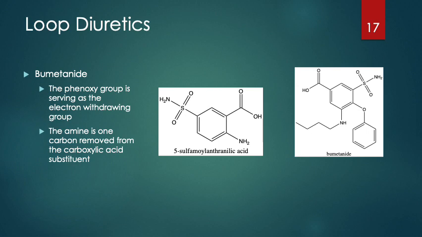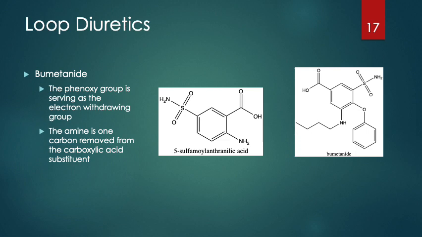Now, the second loop diuretic that I would like to mention here is bumetanide. Bumetanide is unique with the presence of the electron withdrawing phenoxy group instead of the chloro or fluoro group. As you remember, we've talked about how having electron withdrawing groups is important, but here we have changed the structure of the molecule significantly: the electron withdrawing phenoxy group right here, as opposed to a chloro or fluoro group.